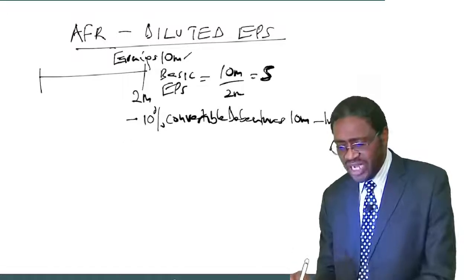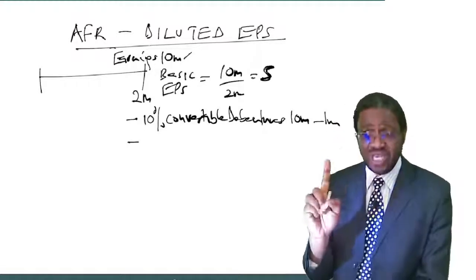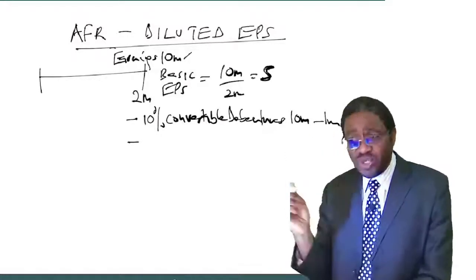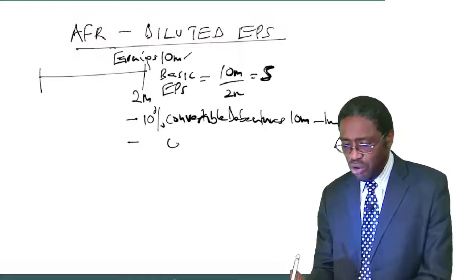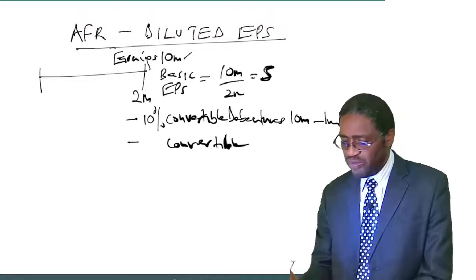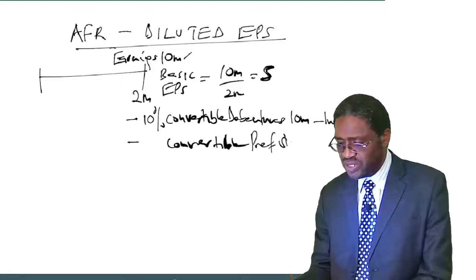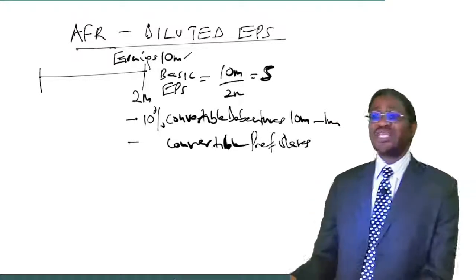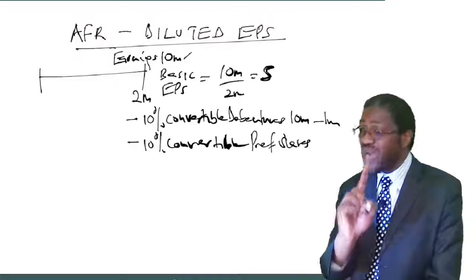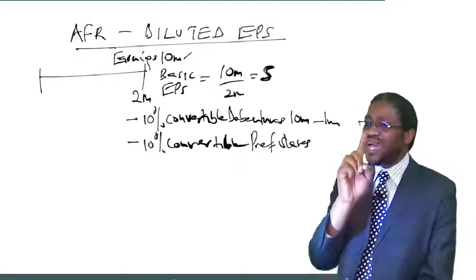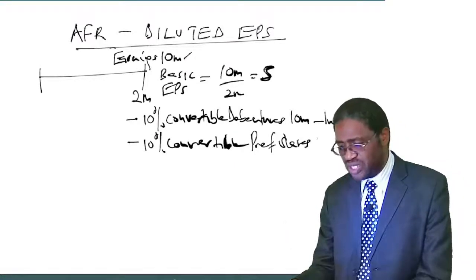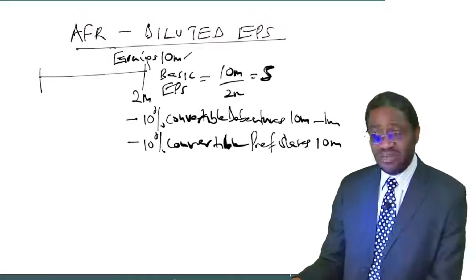The second kind of financial instrument which is likely to give the holders the opportunity to own more shares in future is convertible preference shares. Again, let us assume that by the end of the year your company has 10% convertible preference shares amounting to 10 million.